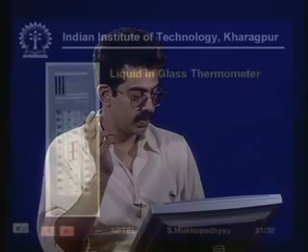But generally they are all of manual reading types. Although there are some versions where you try to sense that a mercury column is rising, or you put a slight light float in the fluid which also rises, and then using some proximity detection principle, you can automatically detect the temperature. But generally these are manual reading types, and so therefore we are not going to cover them in too much detail.